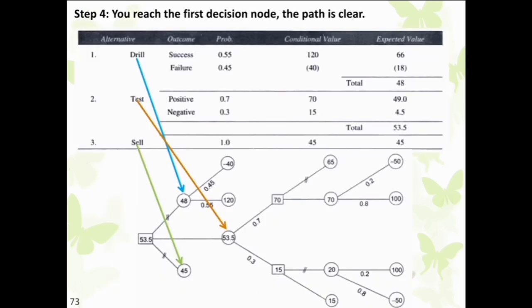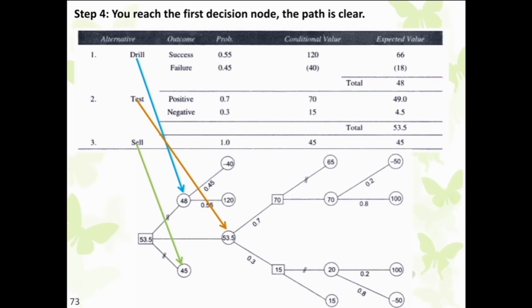So the next decision point is fortunately the initial decision node. At the initial decision node, we have three options. The first one is drilling, shown by the blue arrow. Drilling has a success and failure of 55% and 45% respectively. When we solve that, we get the expected payoff value as 48 million.